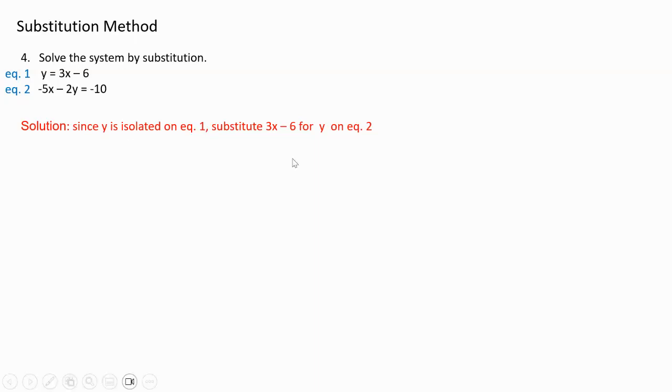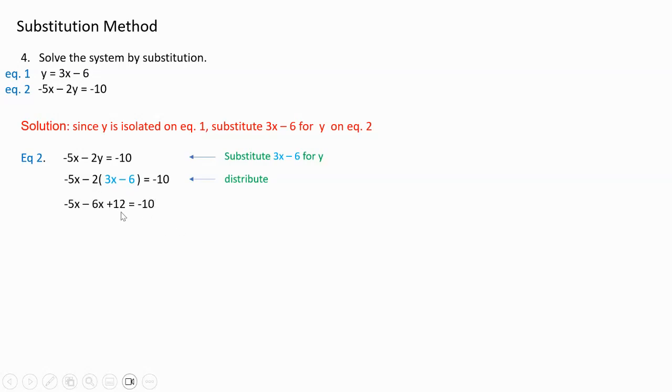So I'm going to substitute the 3x minus 6 in equation 2 for the y. Right, because this is my y value, so I'm going to put it in here for the y. So I'm going to plug in 3x minus 6 for y. Now I get to distribute. So we get negative 5x minus 6x plus 12 equals negative 10.